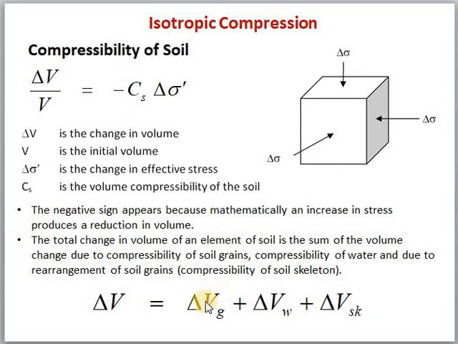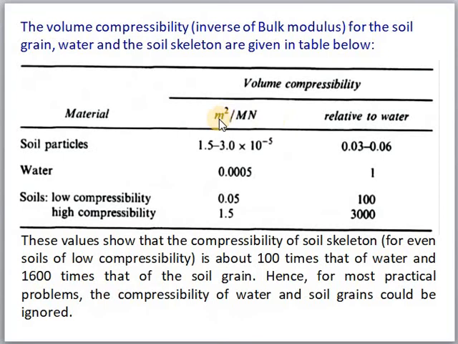In total it is delta Vg plus delta Vw plus delta Vsk, where delta Vg is the volume change due to the compression of the soil grains, delta Vw is due to the compression of water, and delta Vsk is due to the compression of the soil skeleton. In this table you can see the volume compressibility of the soil grain, water, as well as the soil skeleton.